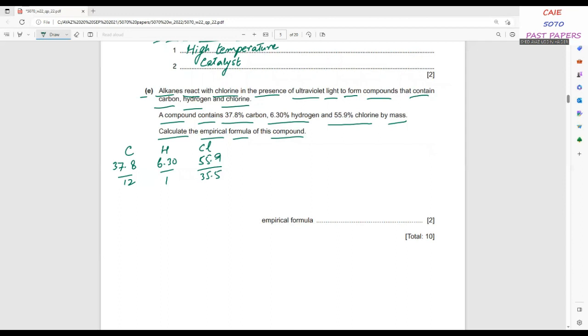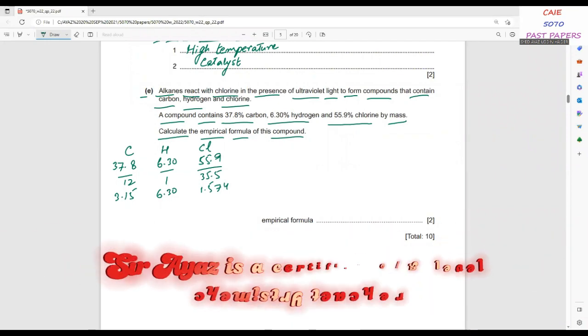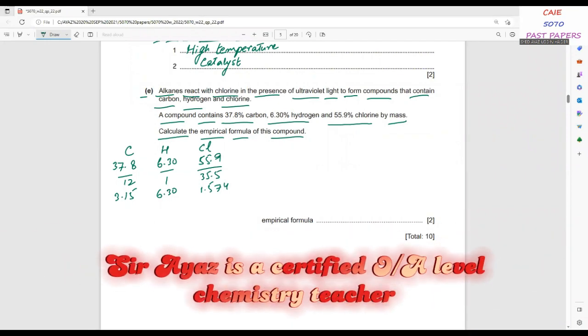37.8 divided by 12, we get 3.15. Hydrogen will get 6.30. For chlorine, we will get 55.9 divided by 35.5, 1.574. 1.574 is the smallest number here, or the least value. So we'll divide all the values by 1.574.